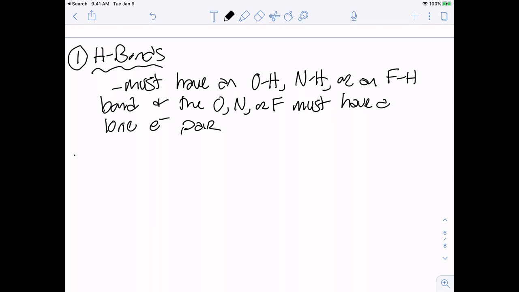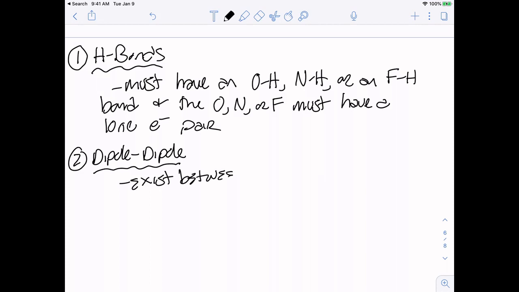We had dipole-dipole forces. And we said these exist between polar molecules. So we need to determine if the molecule is polar or not. If it is polar, it's going to have dipole-dipole forces, right?